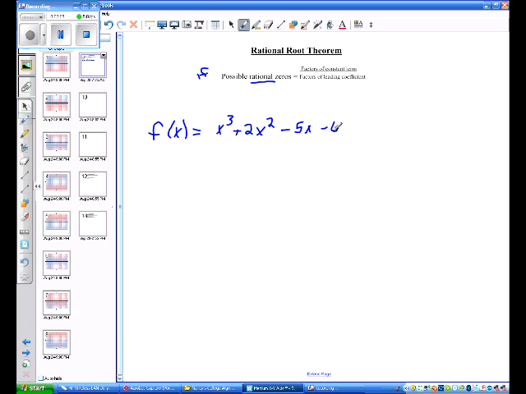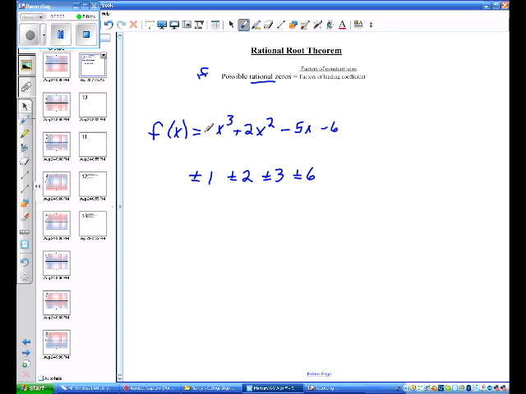So we take the factors of the constant term. Well, the factors of 6 are 1, 2, 3, and 6. And we don't know, it could be a positive 1 or a negative 1, positive 2, negative 2, positive 3, negative 3, positive 6, negative 6. So those are the factors of our constant term.